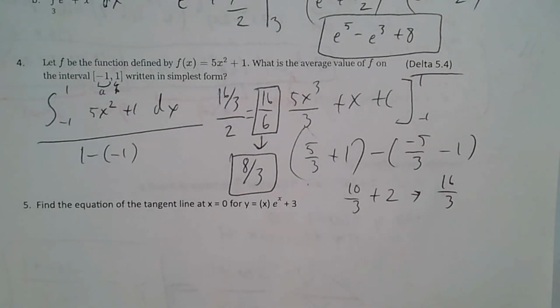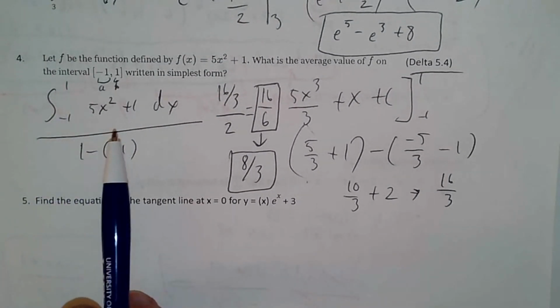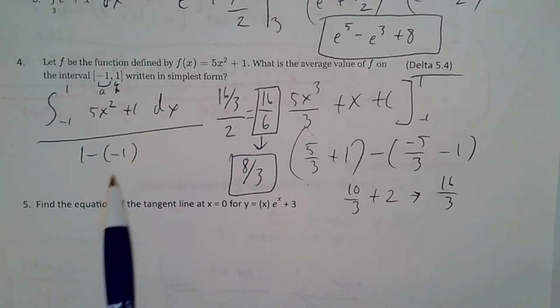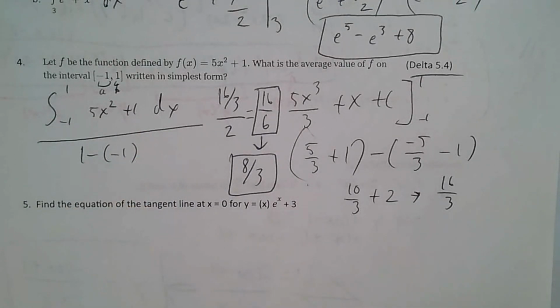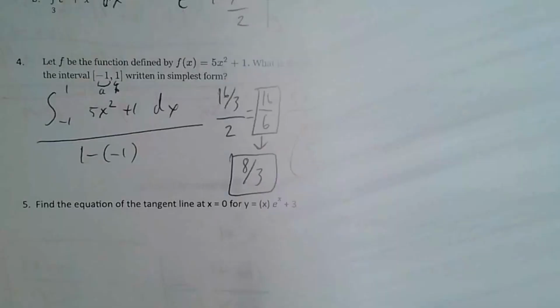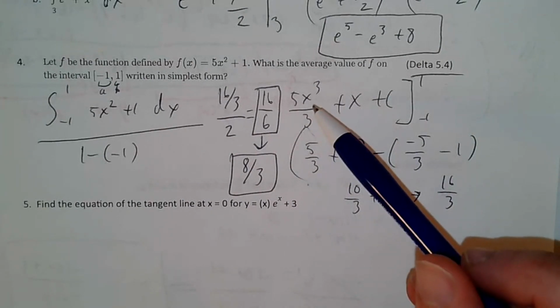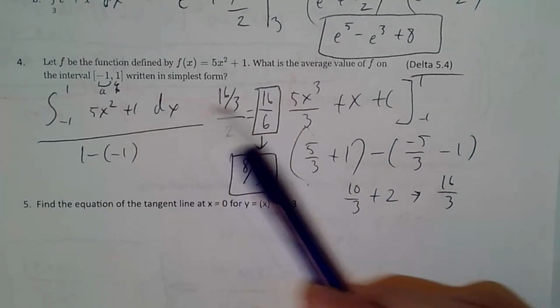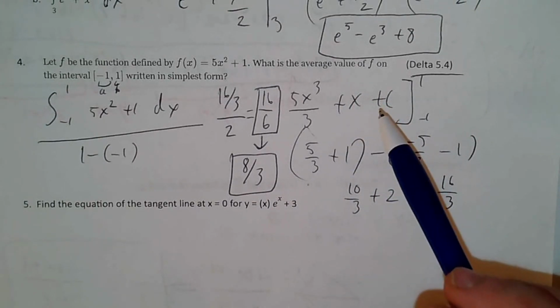Next one. So just to recap on that one, we have the integral from a to b, -1 to 1, of the function 5x squared plus 1 over b minus a. You use the fundamental theorem of calculus, which is the top right corner here. You take the integral. Antiderivative is 5x cubed over 3 plus x plus c.